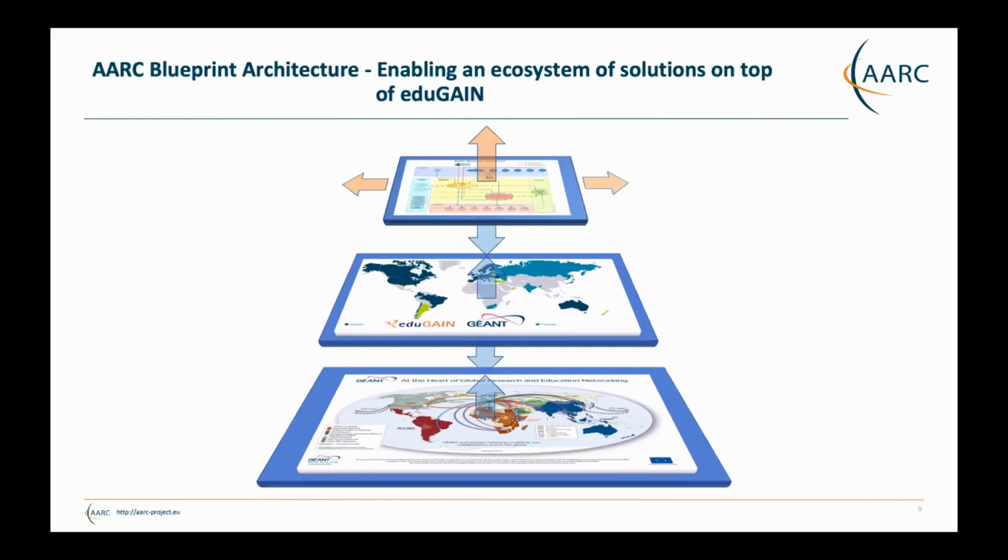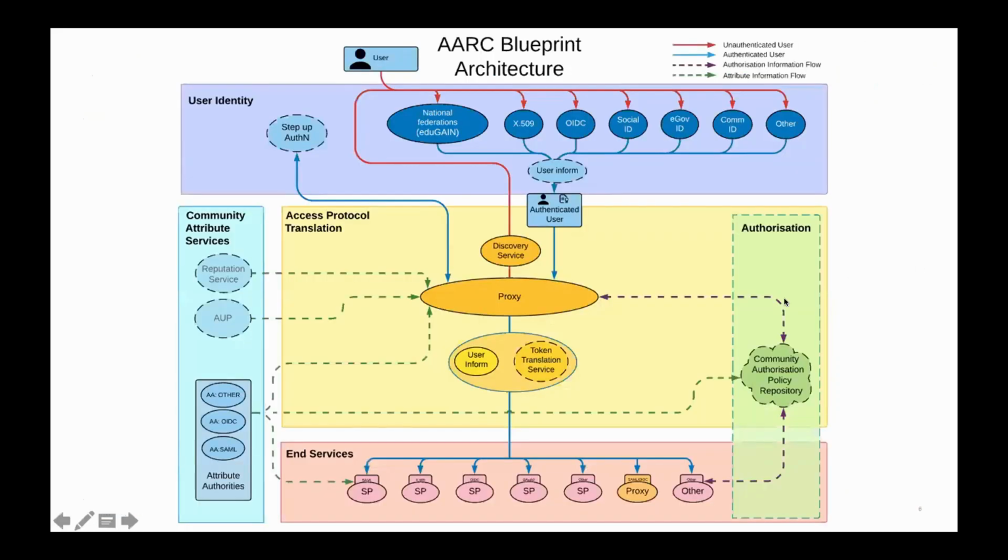The AARC BPA builds on top of EduGain and adds the functionality required to support common use cases within research collaborations, such as access to non-web-based services and access to resources based on community membership. So, the AARC BPA champions a proxy architecture in which services in a research collaboration can connect to a single point, which is the proxy.